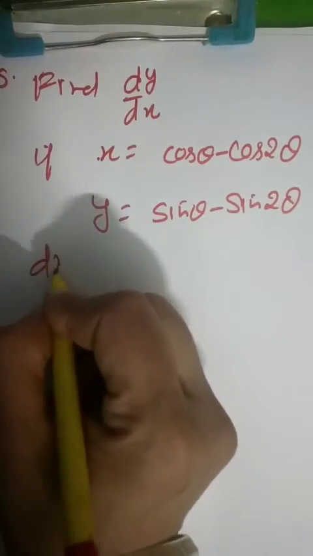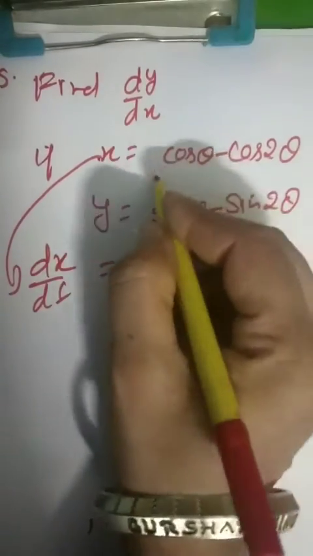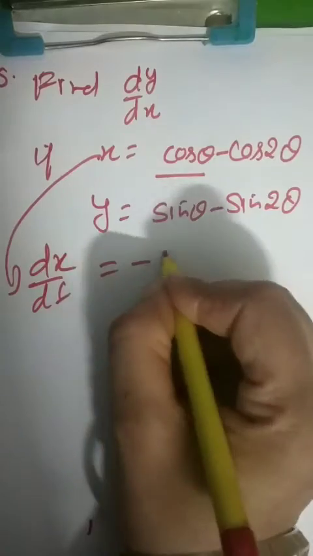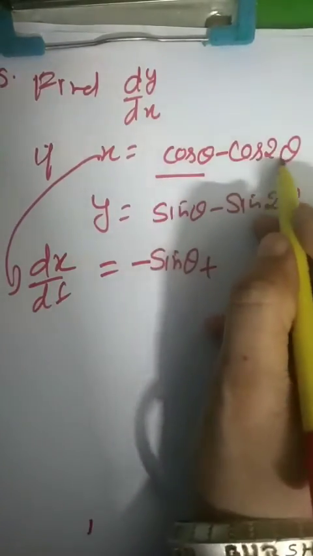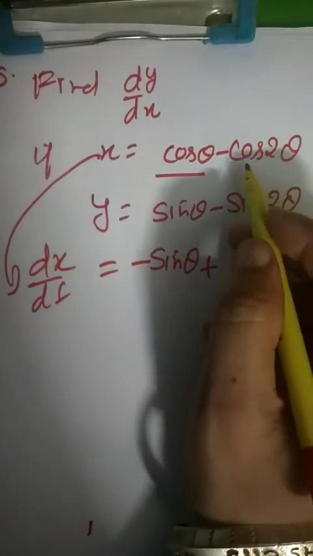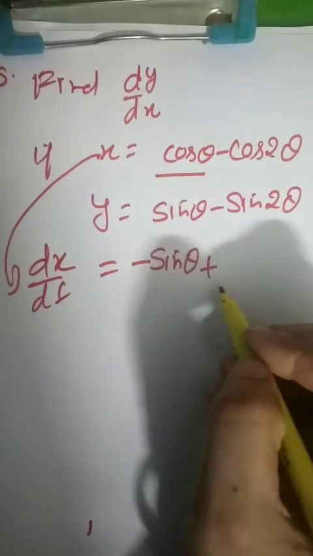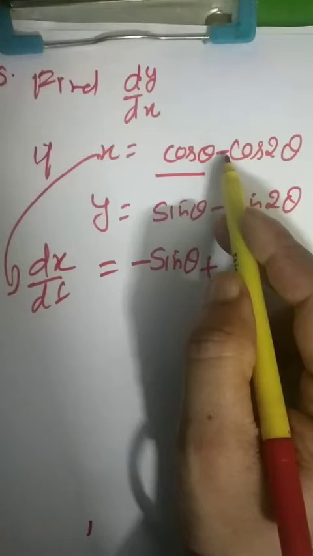So again you will find dx upon dt from here. When you differentiate, derivative of cos theta is minus sin theta, and again derivative of cos 2 theta is minus sin 2 theta. So this minus will become plus, because this is already a minus sign.